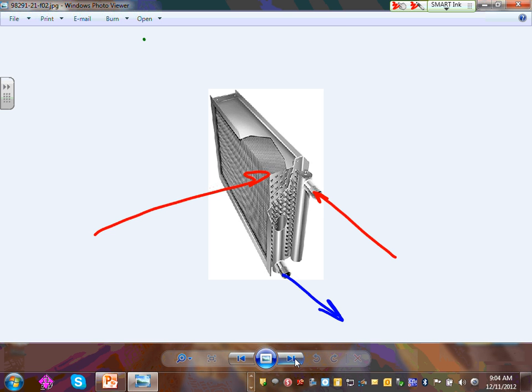So let's just say this coil, we're bringing hot, taking cold. So this is blowing the air going in. This here will be hot air. If it's an evaporator, it will be the opposite, cold air. The evaporator will have cold air coming out of it. Okay, so these are the coils.